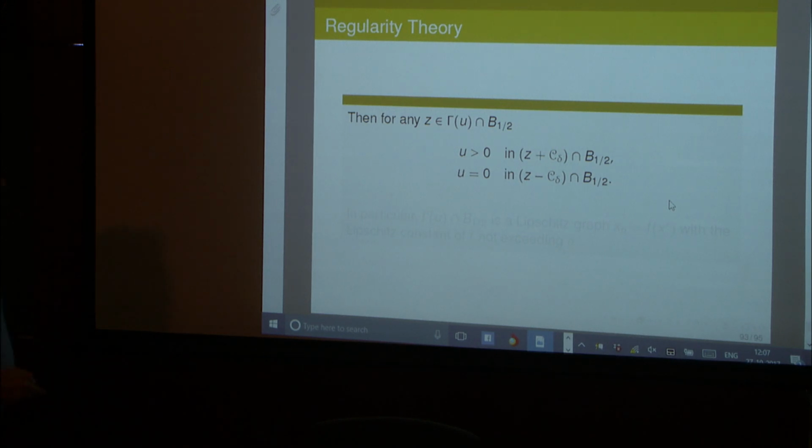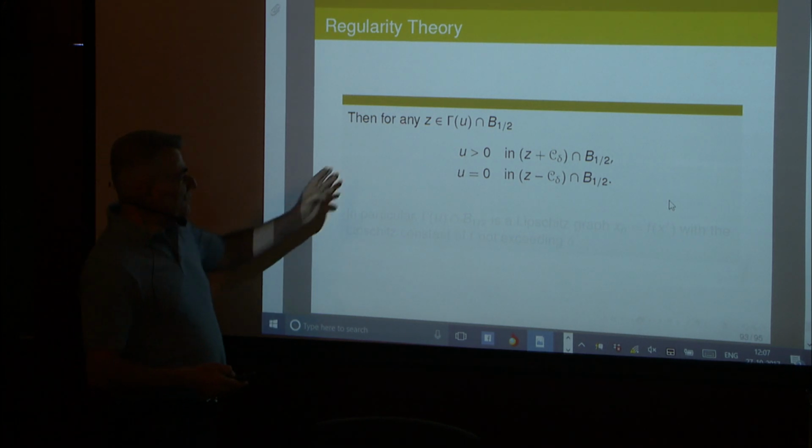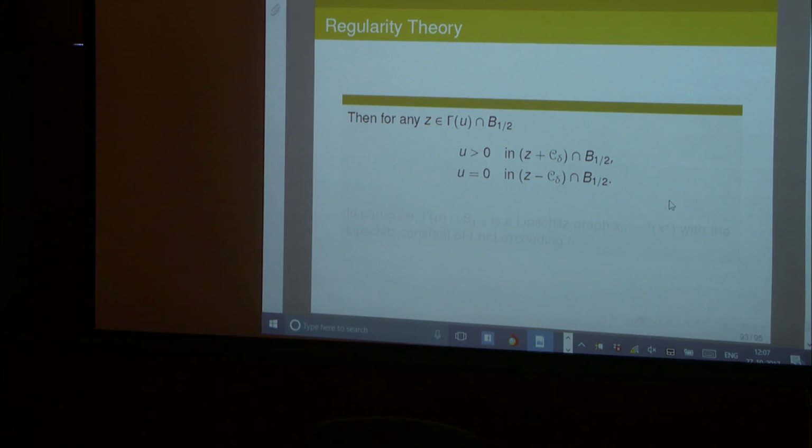Okay, so what we have: you take any free boundary, here's the picture. You know that if it's regular, then you're going to get that the free boundary is actually, let me open up the other page as well.